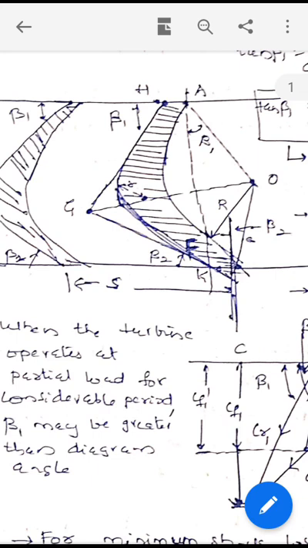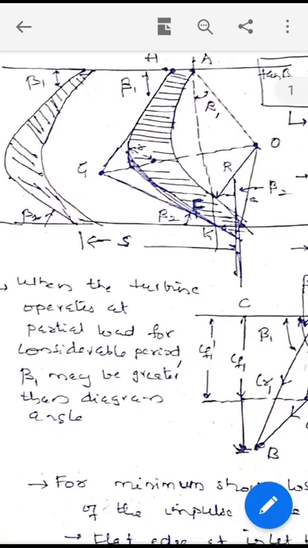Then, if Z is the number of blade channels, the area through which the flow occurs will be equal to Z into L2 into (S sin beta 2 minus T). L2 is the radial length of the blade. So the total area through which the flow occurs will be equal to Z into L2 (S sin beta 2 minus T).